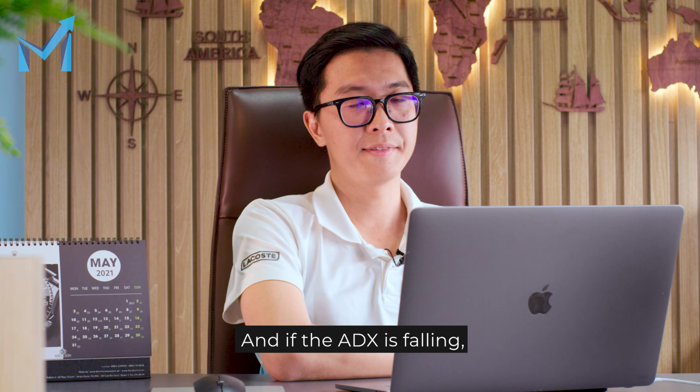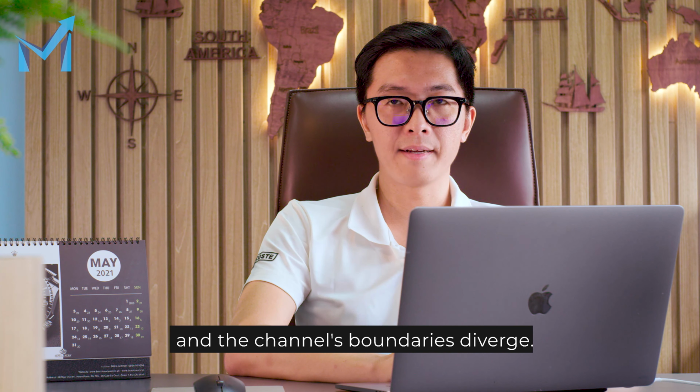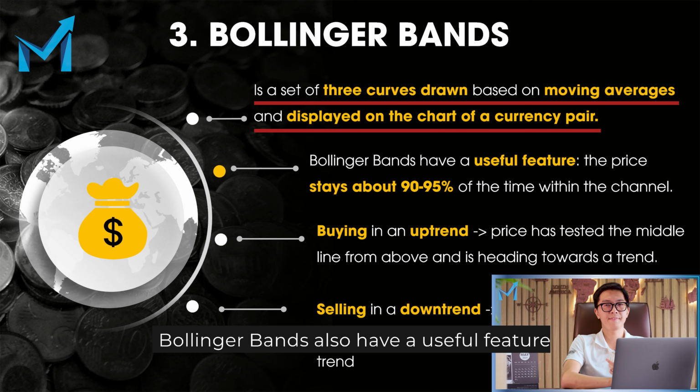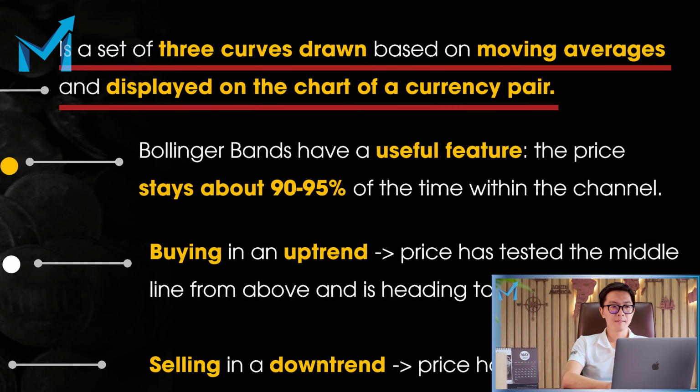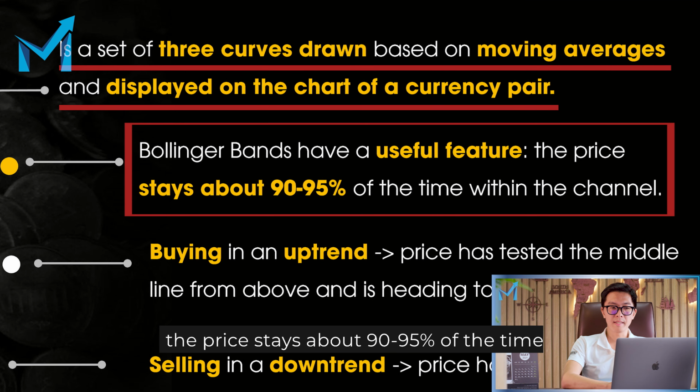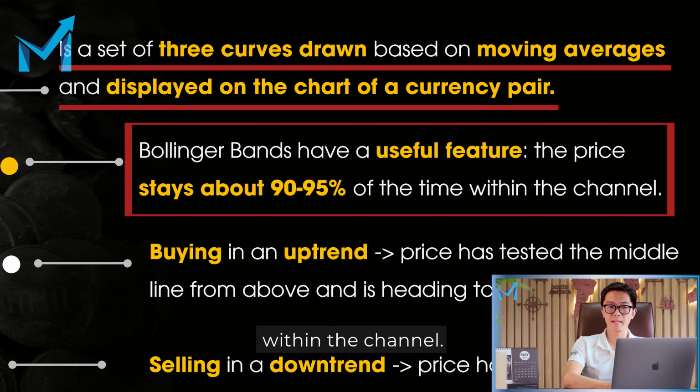If there is no clear-cut trend, the price deviates slightly from the midline. As soon as the trend gains its strength, the deviation becomes larger and the channel boundaries diverge. Bollinger Bands have a useful feature. The price stays about 90 to 95% of the time within the channel.